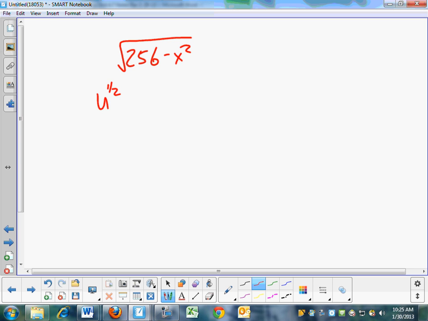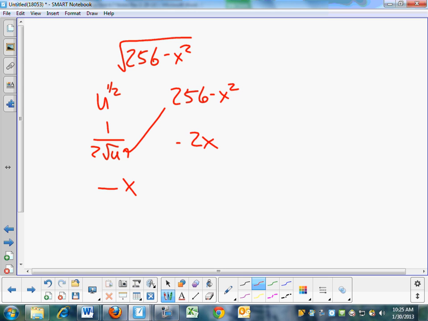So I have u to the 1/2. What's the inside part? 256 minus x squared. Derivative of u to the 1/2. Good. Derivative of 256 minus x squared. Multiply these, you get negative on top, right?